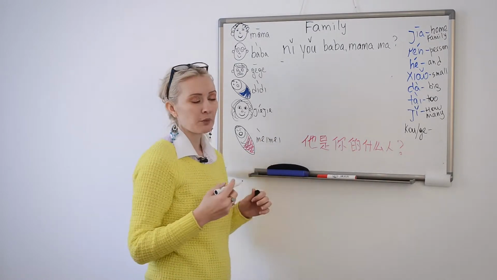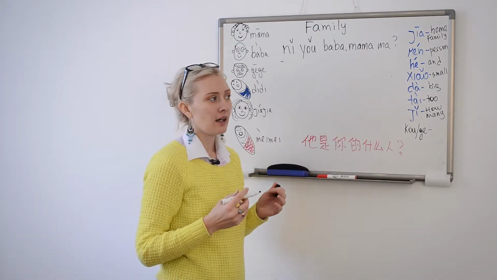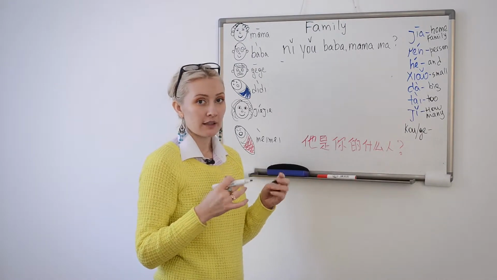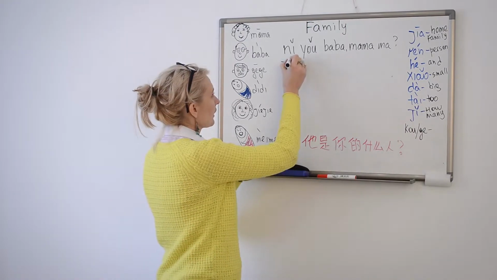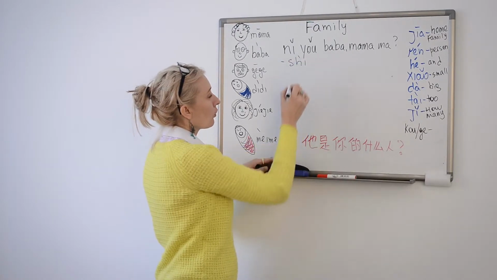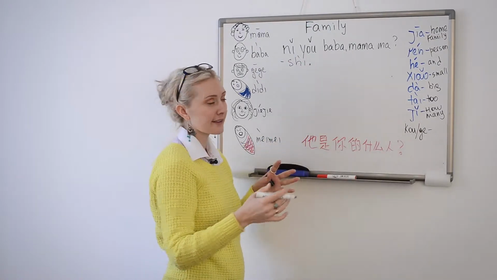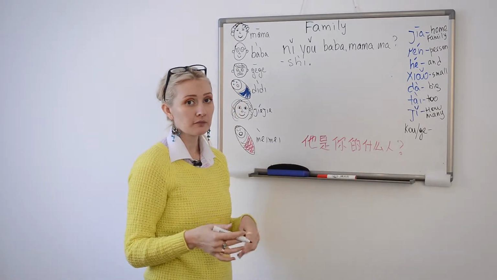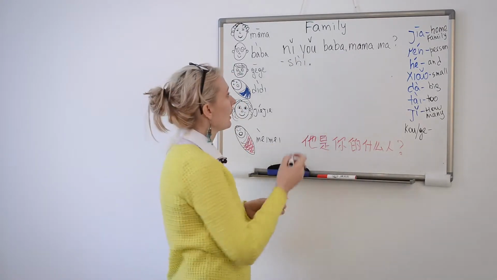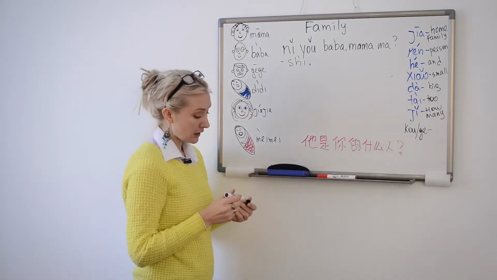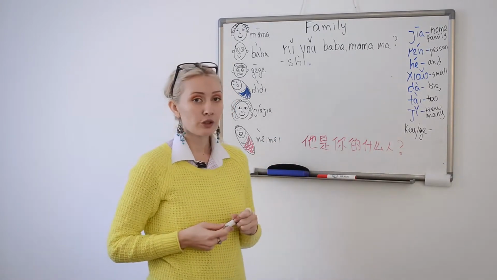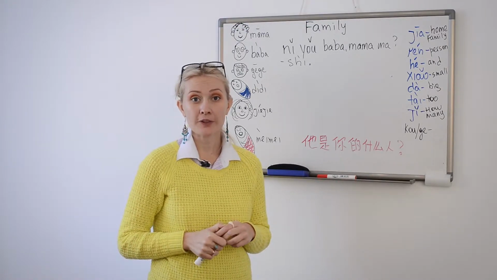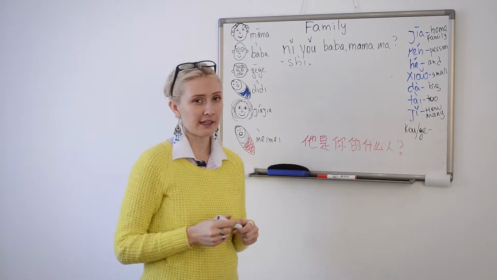For example, we were talking about this. I am, he is. So this is or am is actually 是. So you can say 是, or you can say the full sentence 我有爸爸妈妈. I have father and mother. All right, good. But if they want to know how many people there are in your family, how will you ask that?